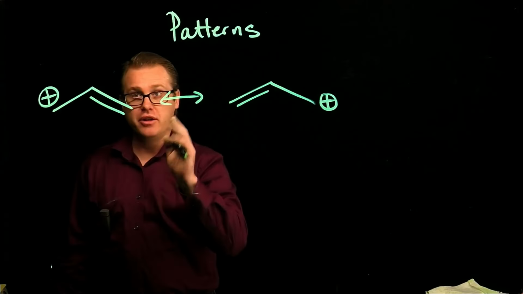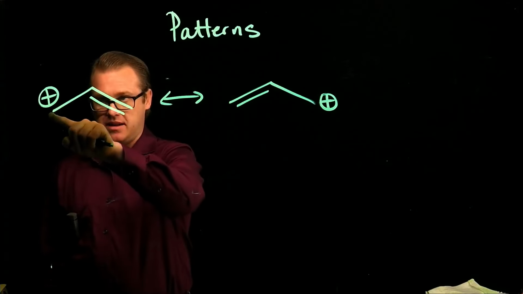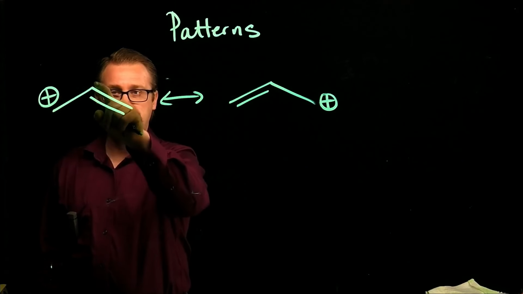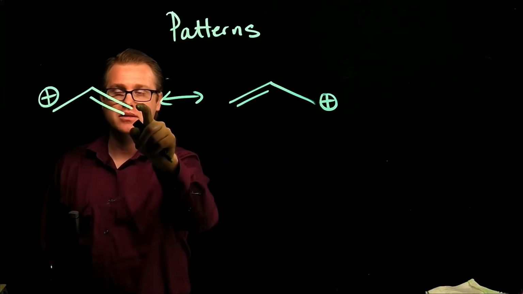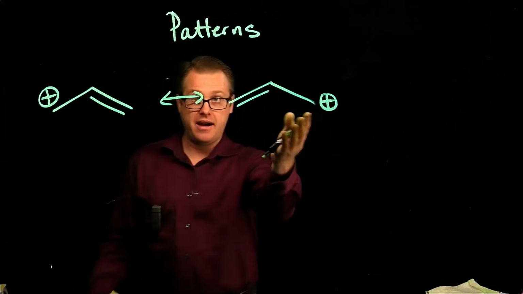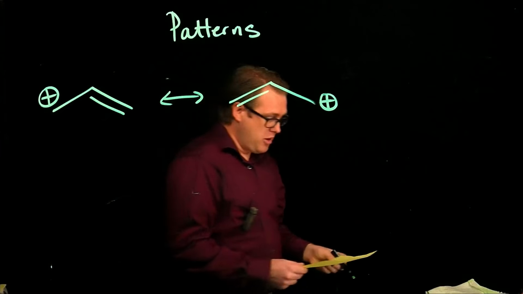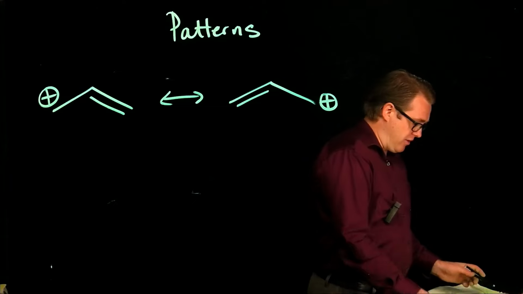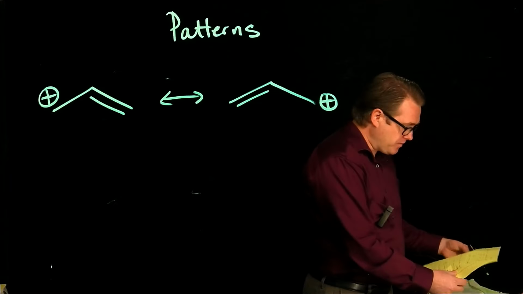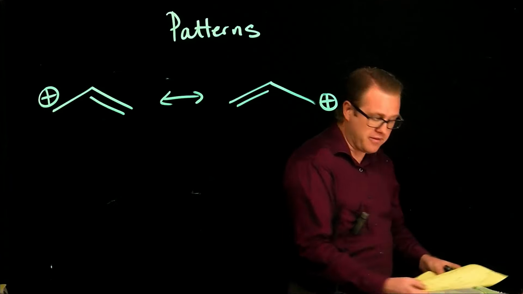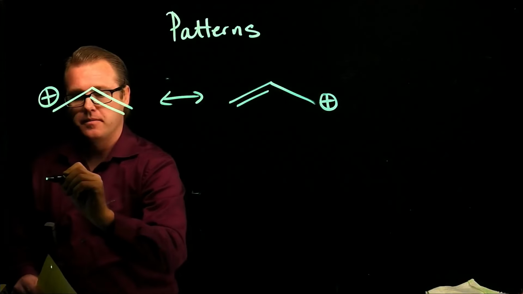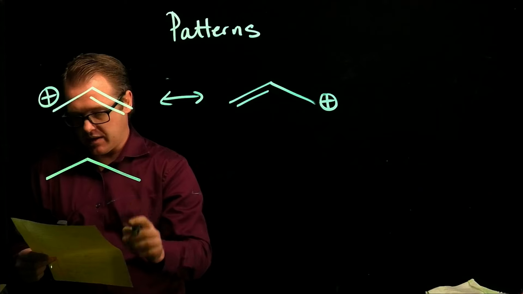Whenever you see a positive charge adjacent to a double bond, then you are going to have resonance structures. And we worked that one to death already. But then, what if you have something that looks like this?